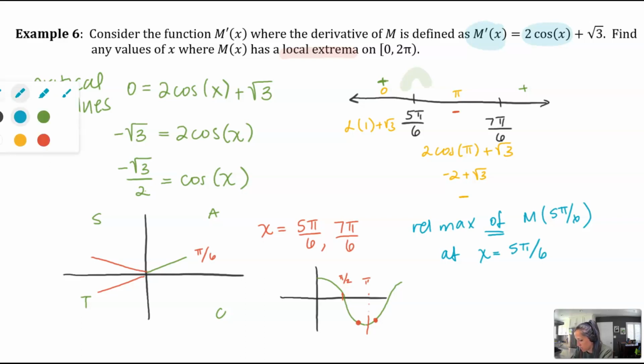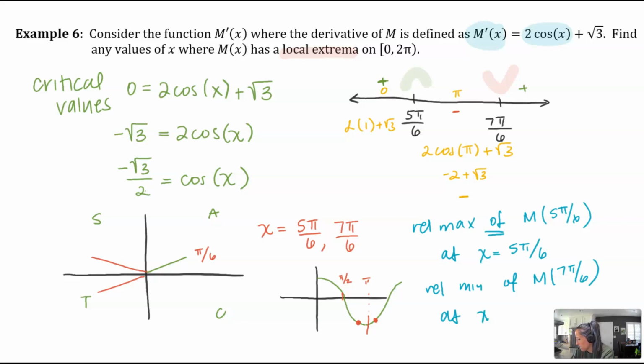And then we went from negative to positive, so we'll have a relative min of whatever the value of m of 7 pi over 6 is. We don't have m, so we can't know this. At x is equal to 7 pi over 6.